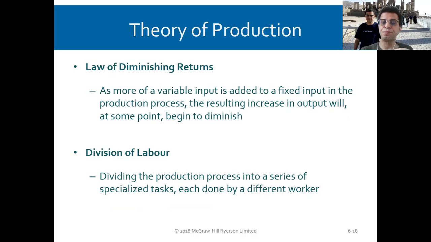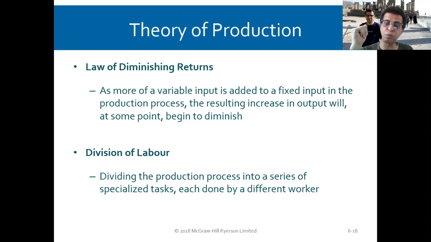So let's assume you put one variable good and one fixed good, and your output is two. If you put two variable goods and always one fixed good, the output is three. Three variable goods and one fixed good, it's going to be out. So it's increasing, and as it's increasing, it's diminishing. That's what you call the law of diminishing returns.